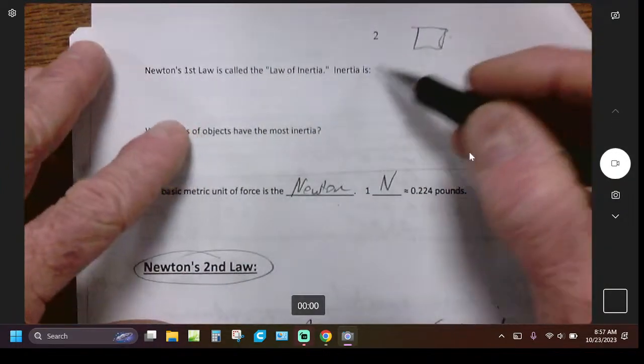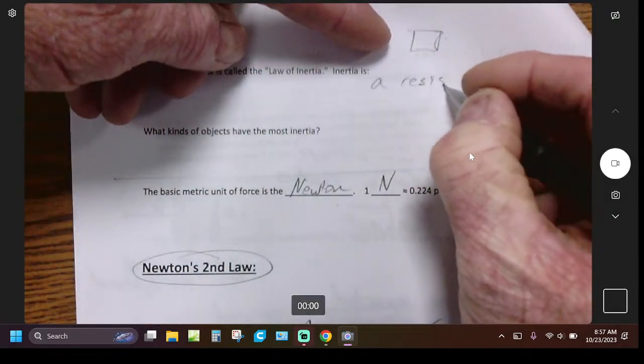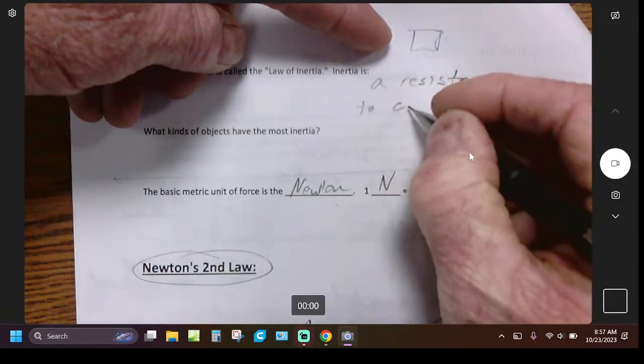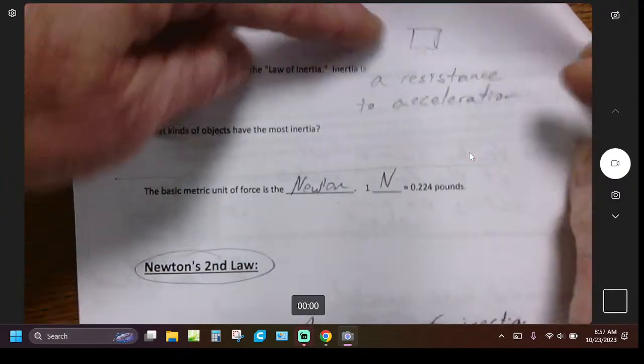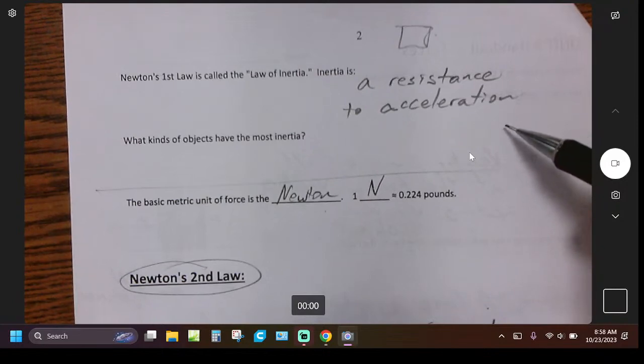So inertia is a resistance to acceleration. That's maybe one definition. And what kinds of things are most resistant to acceleration?